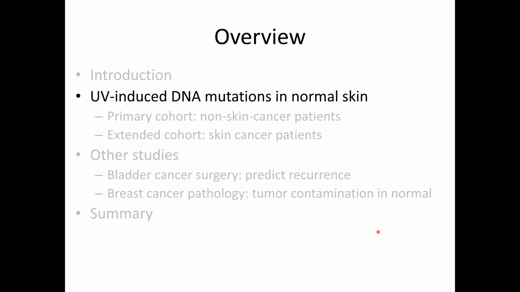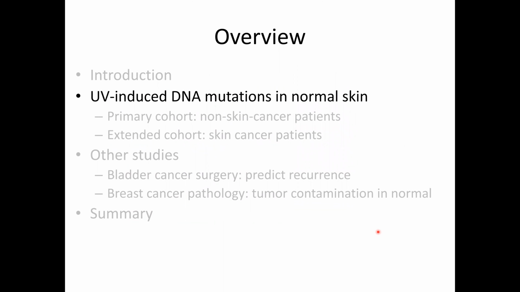But one key question that was not answered in the paper was which mutations are introduced by UV instead of aging or other factors. So we designed this study for non-skin cancer patients where we collected 450 skin samples from 13 donors. And these were individually matched, so half from sun-exposed areas, half from non-sun-exposed area from buttock.